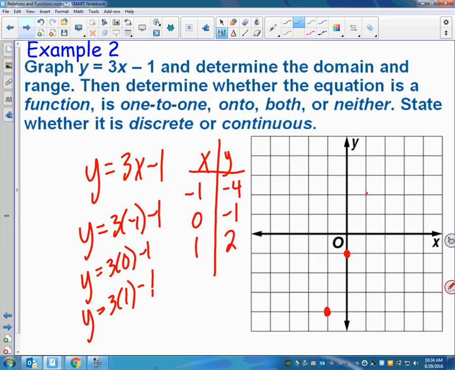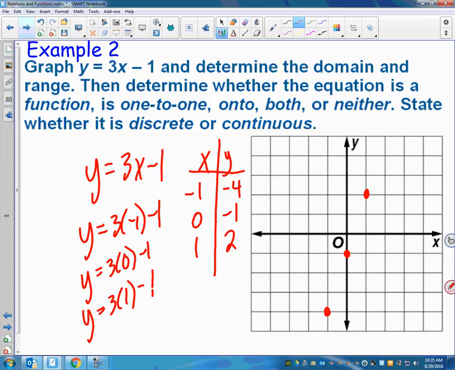And 1, 2 would be right here. And maybe you remember slope-intercept form, where you could start with a y-intercept of -1 and a slope of up 3 over 1. But we're not reviewing that yet, not till tomorrow or the next day. So I just want you to know that XY chart does work.